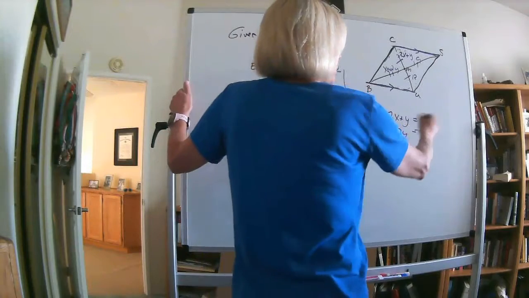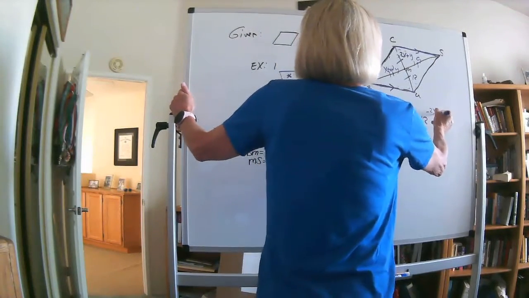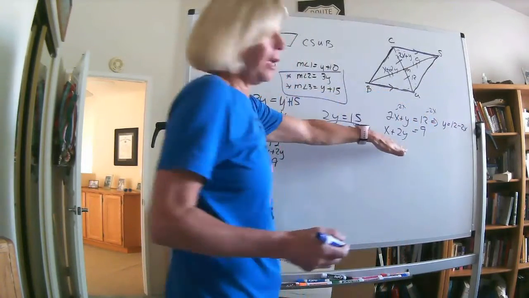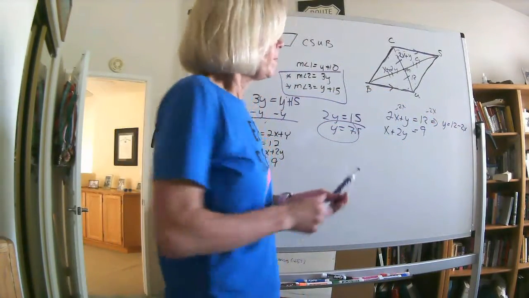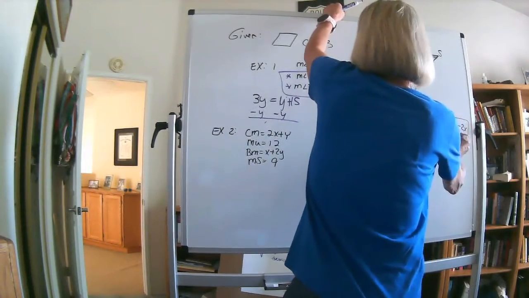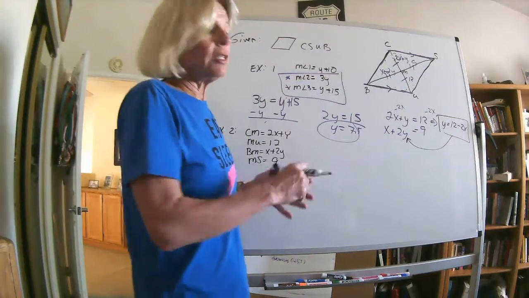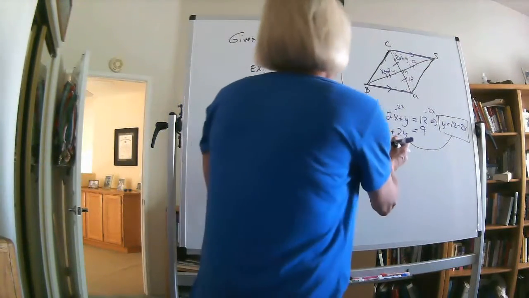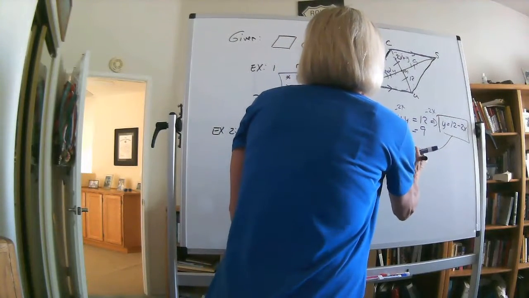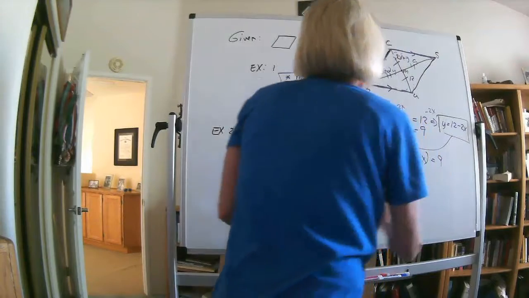Since I have a y by itself here, I'm just going to subtract 2x and say y is equal to 12 minus 2x. And then I can use that to substitute into my second equation. You can do this any way you like solving systems of equations. So I have x plus 2 times 12 minus 2x is equal to 9.